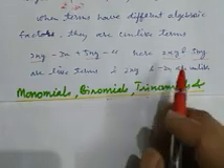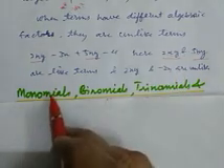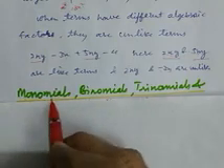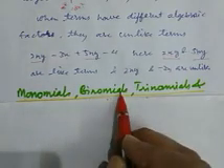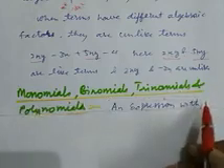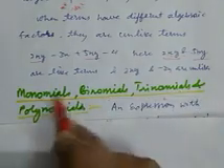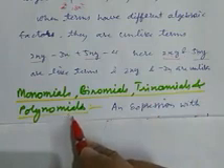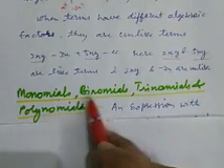Okay. Now we are learning about the types of expressions: monomials, binomials, trinomials, and polynomials. These are the different types of expressions. Now how can we recognize these?